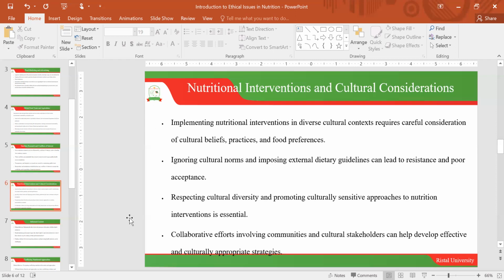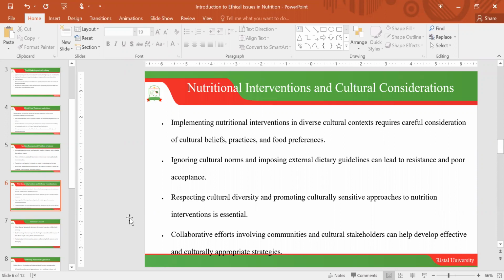So when you find someone who is eating, let us say, grasshoppers, caterpillars, snakes, how are you going to behave? What is your body language going to be like? So this is about being culturally sensitive, being able to live with people of divergent cultures, okay? And don't impose your own cultures on other people. That could not be nice.